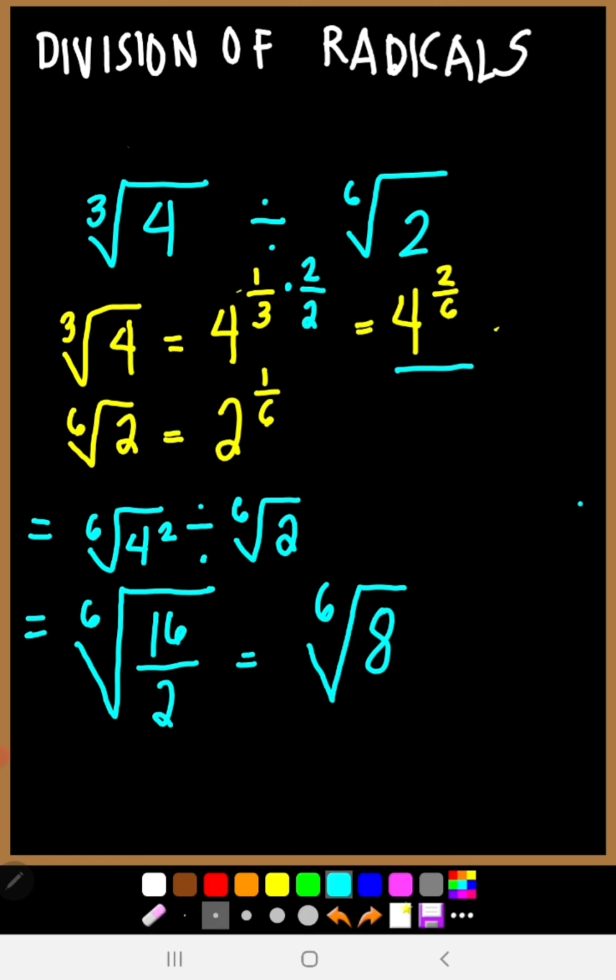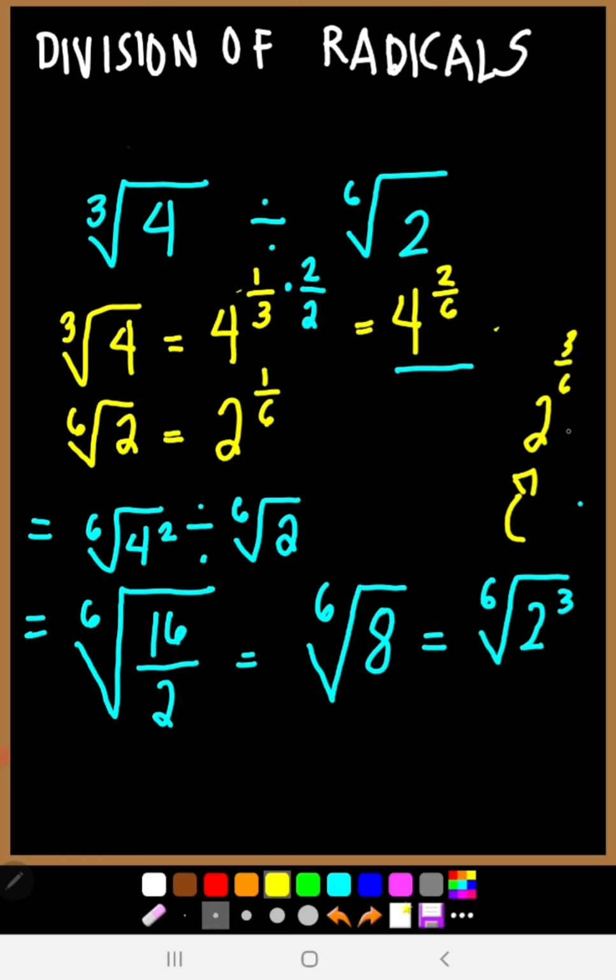Ngayon, para mas ma-simplify pa natin siya, ang 8 ay also equal to 2 cubed. Tama? Ayan. So, kapag ginawa ko ulit siyang exponential form, magiging 2 raised to 3 over 6.